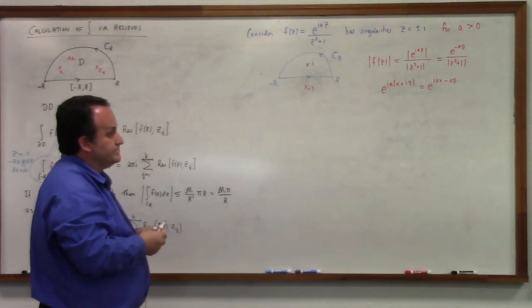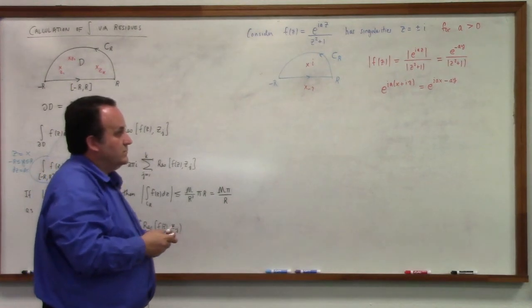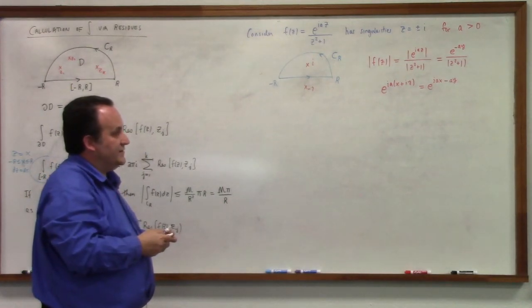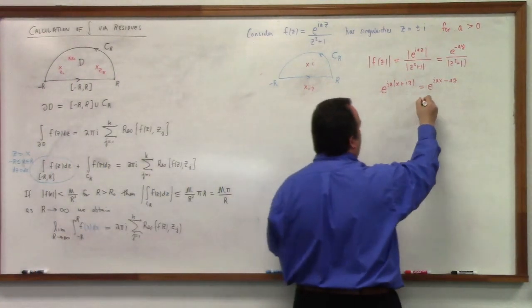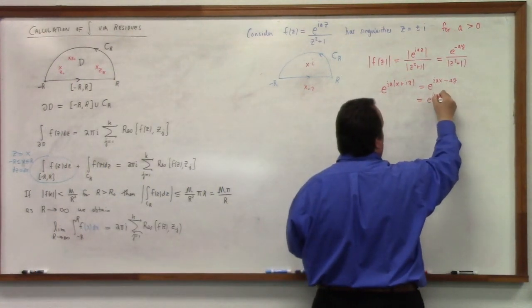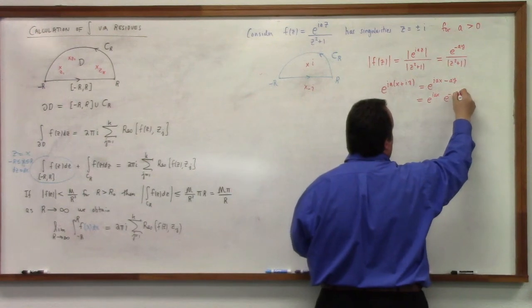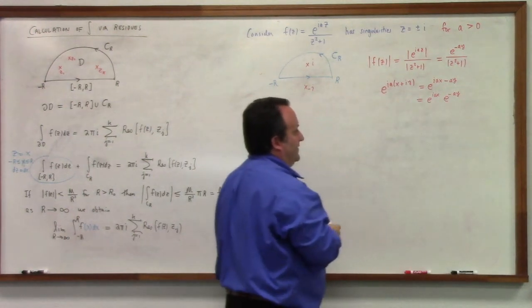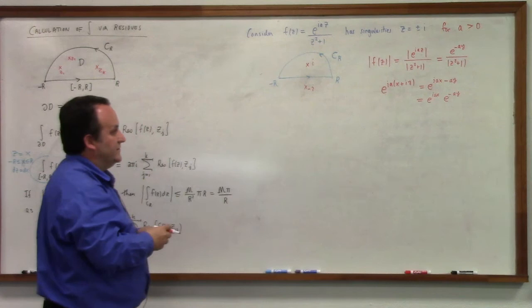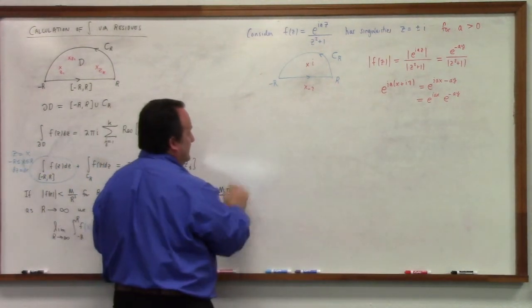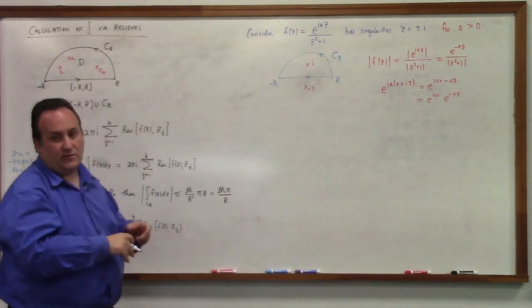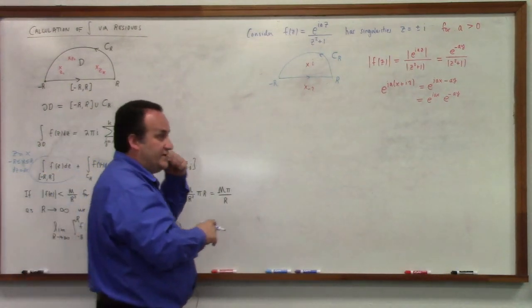Why are you only considering the a i portion? Well, the e to the iax piece has modulus 1. So when I take the modulus of that, the e to the iax piece drops out. But anyway, our time is limited, but it turns out you can argue that the integral over the half circle piece of this again vanishes.